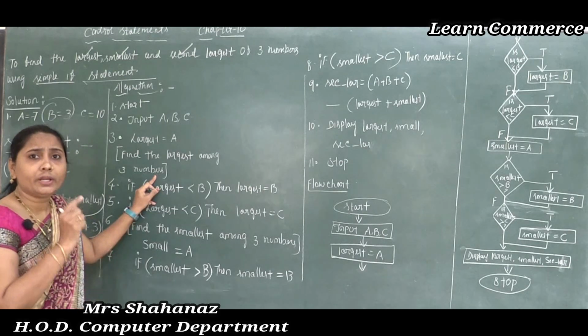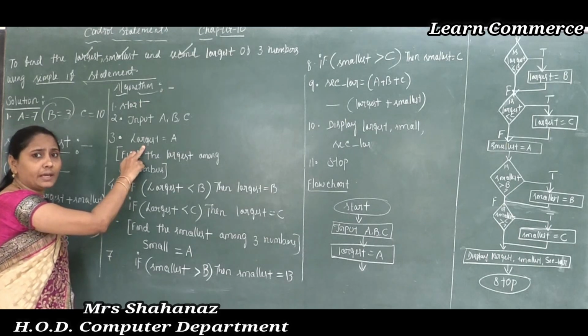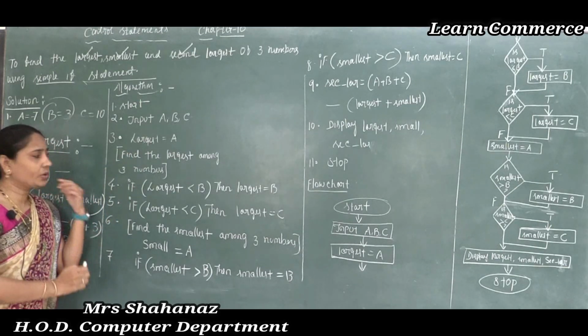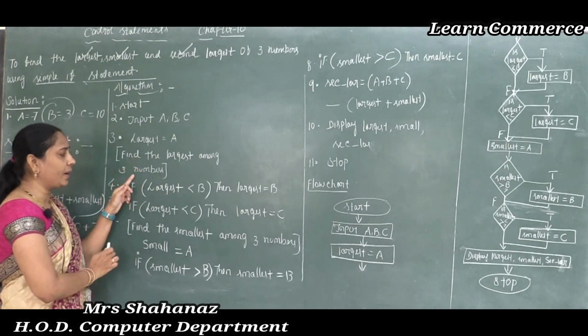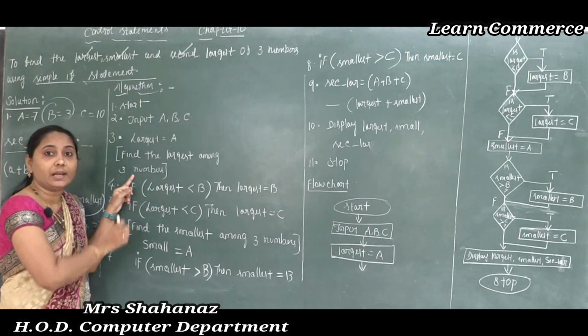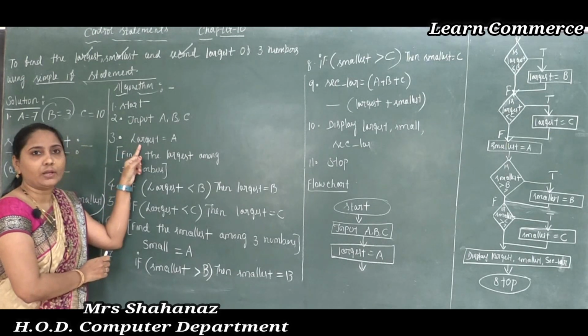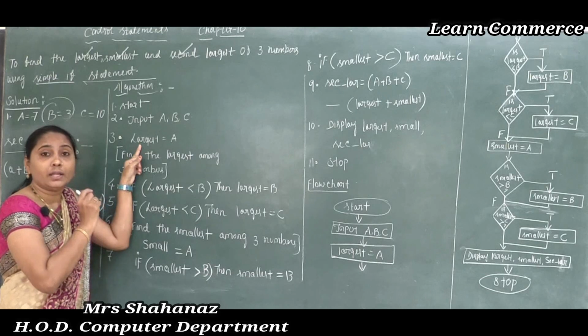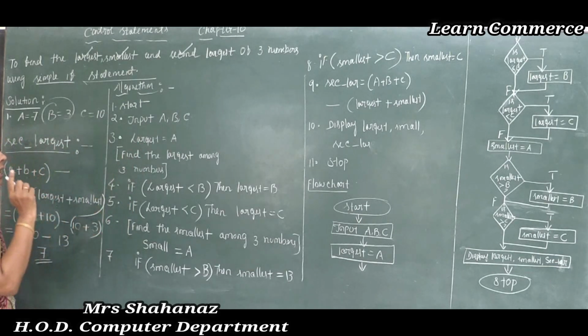It is my assumption only that the largest value is equal to A. Did everyone understand? So I am writing the largest value is equal to A. The meaning is that it is just an assumption among 3 numbers, and I am going to find out whichever is the largest.